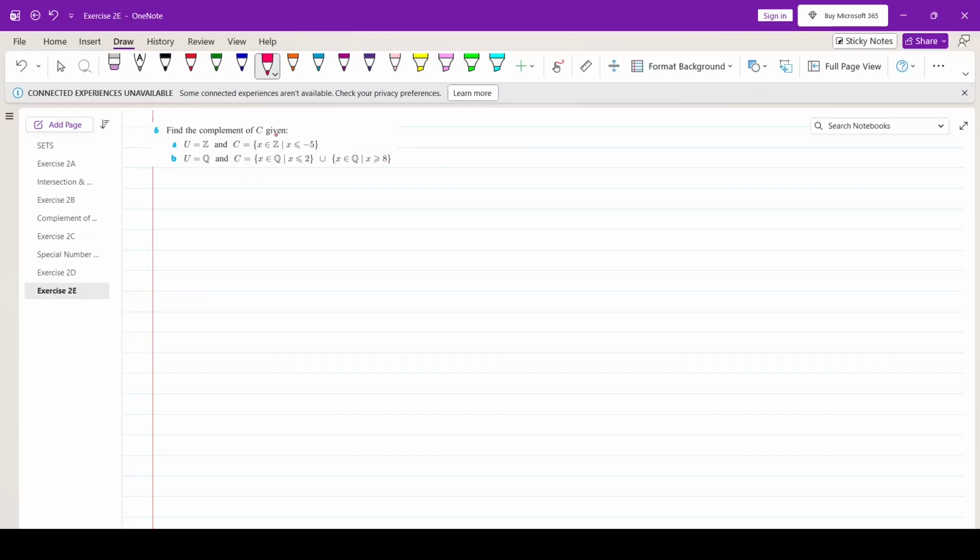Find the complement of C given universal set is Z. Now, what is Z? Z is a set of all integers.